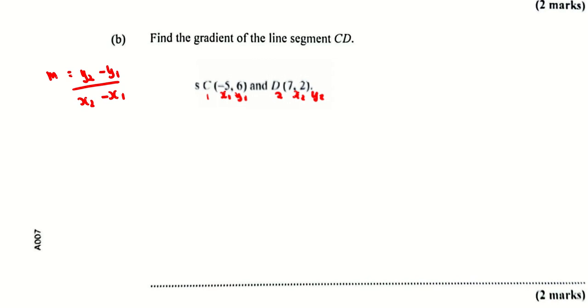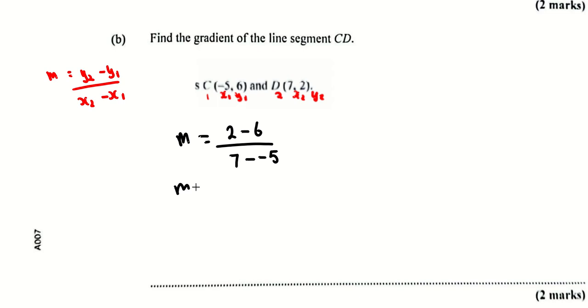Right, so let's go ahead. So my gradient, or m, is equal to y2, which is 2, minus 6, over x2, which is 7, minus negative 5.